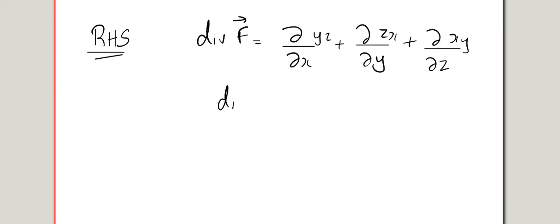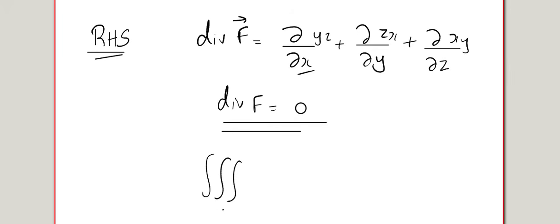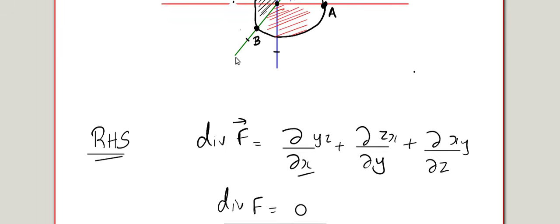And I got a surprise here, it's going to be 0. We are differentiating with respect to x, but there is no x, and similarly for the others, the answer is 0. So divergence is 0. That means the right hand side, the triple integral of divergence of F, will be 0.